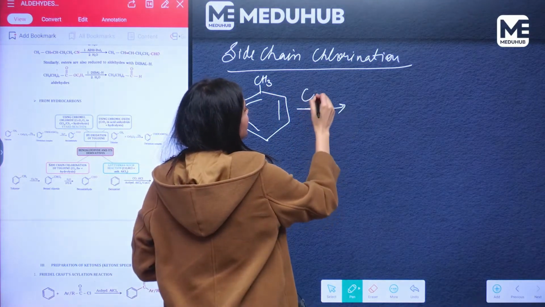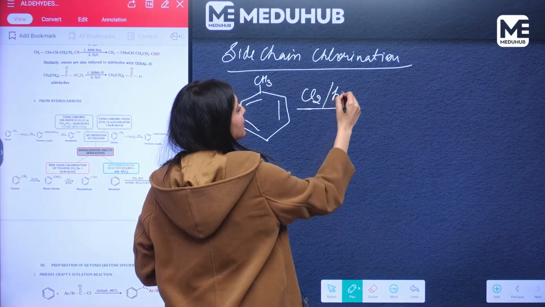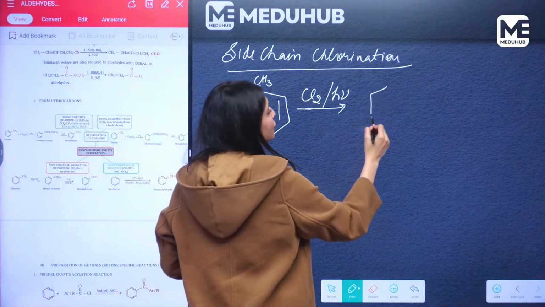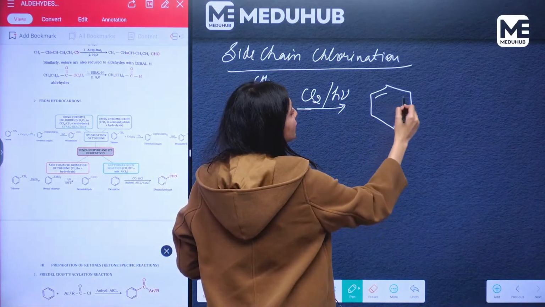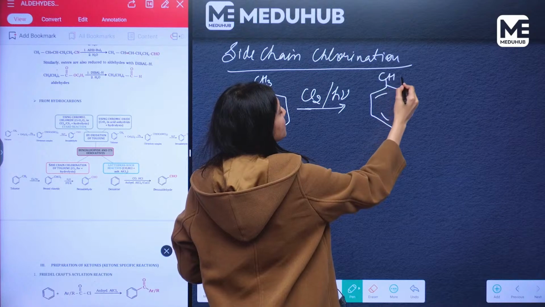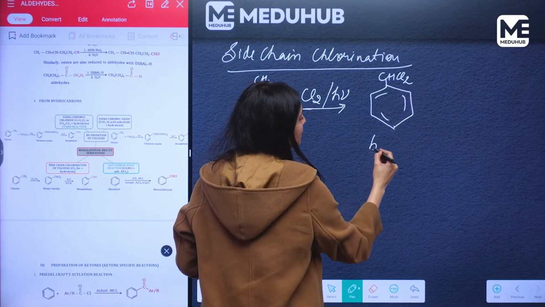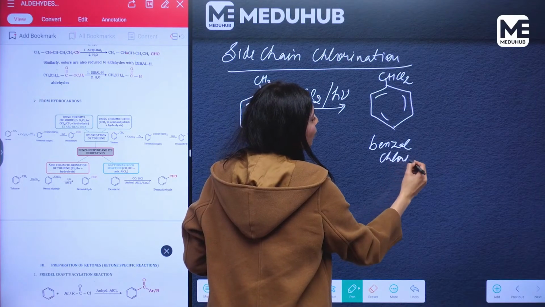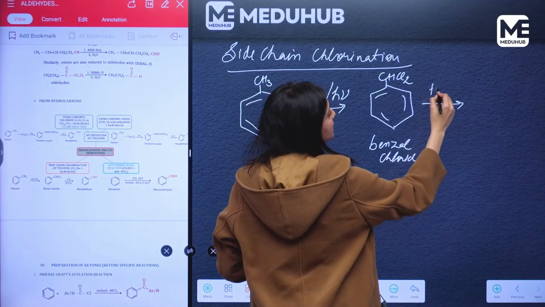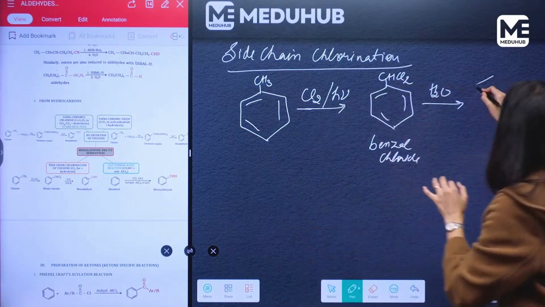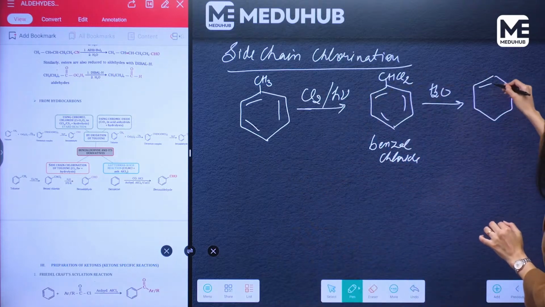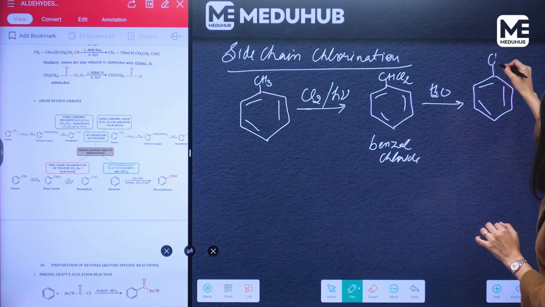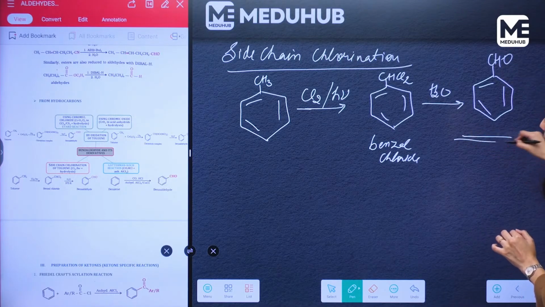When we treat it with Cl2 in the presence of light, that is H nu, first we will get benzyl chloride, which again on hydrolysis will give us benzaldehyde here. Okay.